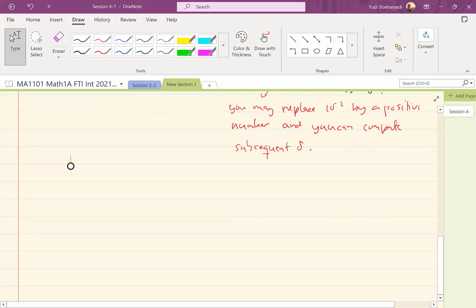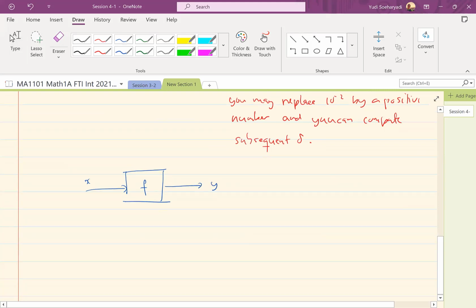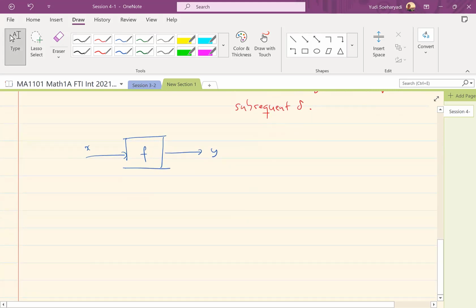So basically, what we have in that computation is that if you think of a function as a process with input x and output y, y is f of x, we need to have something like this. If you need that, we should try to compute an error less than something here.